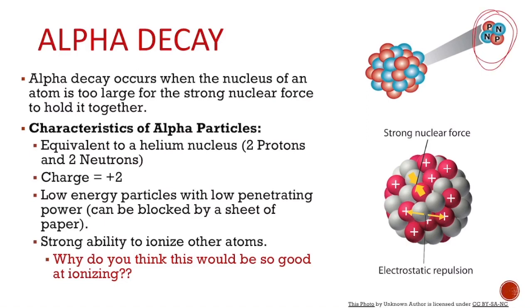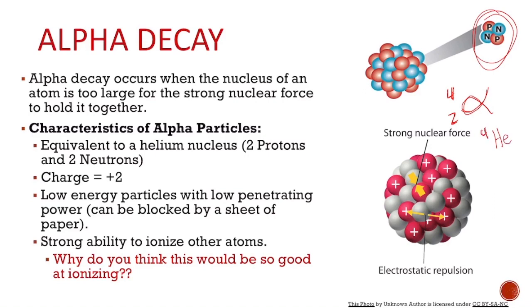And we write alpha particles using this symbol right here. We always indicate that the mass for an alpha particle is 4 atomic mass units, and the atomic number is 2. We also can use the symbol for helium, because this is the same as a helium nucleus.